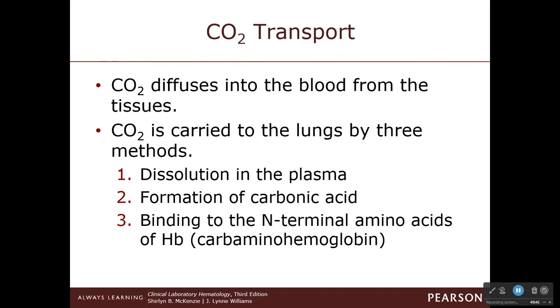Okay? Can form carbonic acid. Alright? Then, carbonic acid is broken down into a hydrogen ion plus bicarb. Okay? This is bicarbonate.